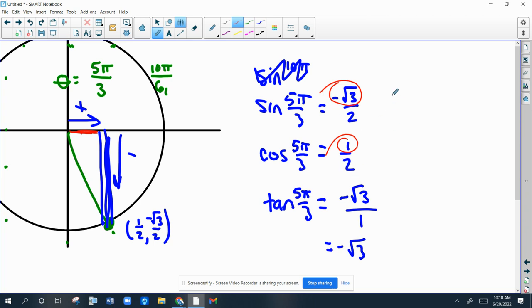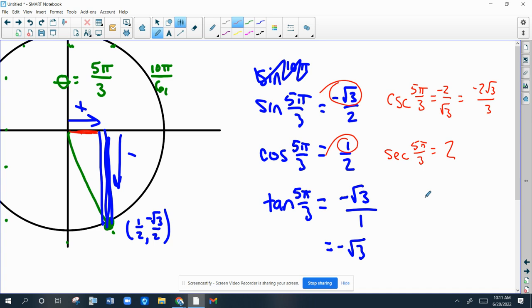And cosecant is the reciprocal of sine. So I'll put that right next to sine, and then you just reciprocate. Flip the fraction. If you want to rationalize it, you can. You do not need to. So -2 over root 3 is fine. Secant, you just flip the cosine. It's a reciprocal cosine. So secant is 2 over 1.